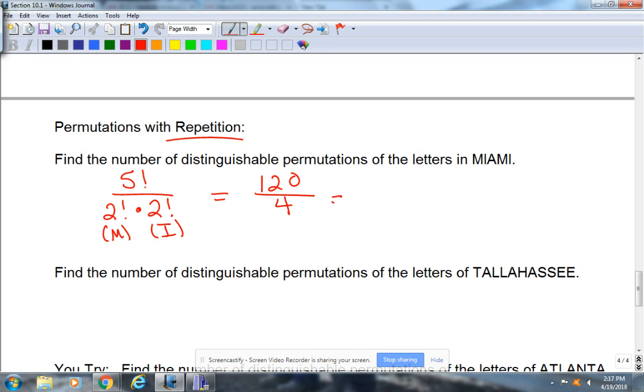And what's 120 divided by 4? 30. So there's 30 possible permutations in the letter arrangements in the word Miami. If you typed it all straight in, you're going to have to use a lot of parentheses. So I would do the numerator and then the denominator.